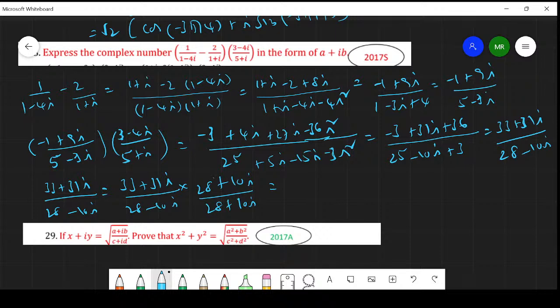So what is 33 multiplied into 28? You will get 924. Then this will be 330i, the bigger numbers are coming. Again plus 31 into 28, you can multiply that also.